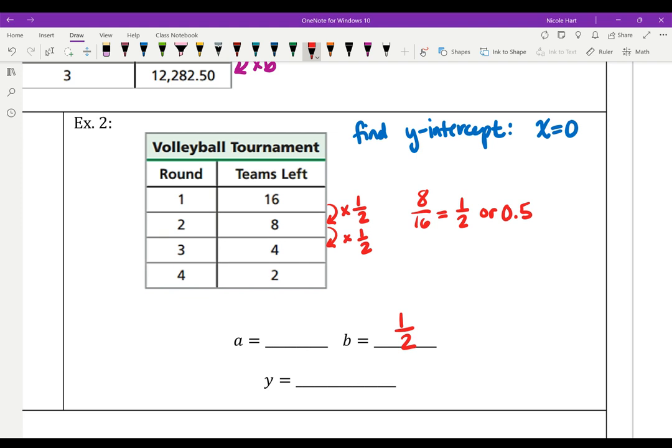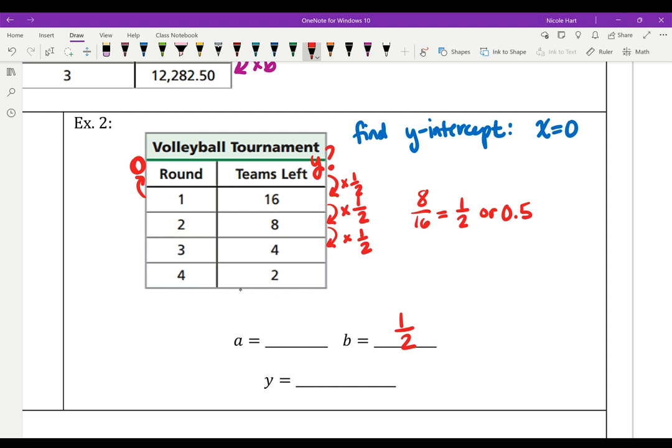So to work backwards, I need to figure out what number multiplied by 1/2 equals 16, to get our y-intercept, because our previous x value is 0, because we're going 1, 2, 3, 4, so the previous number would have been 0, which would be our y-intercept.